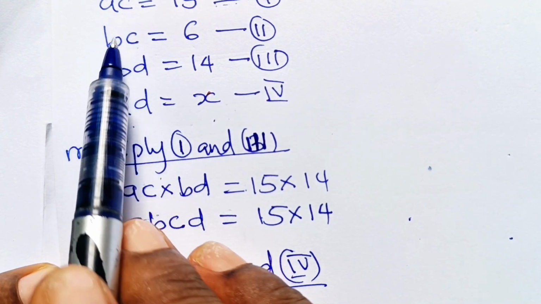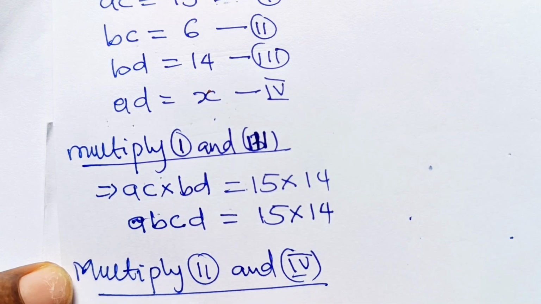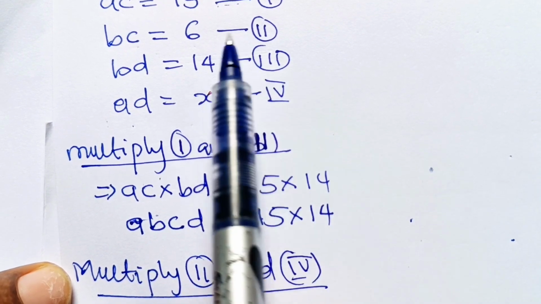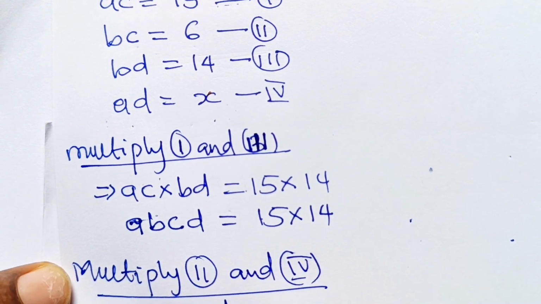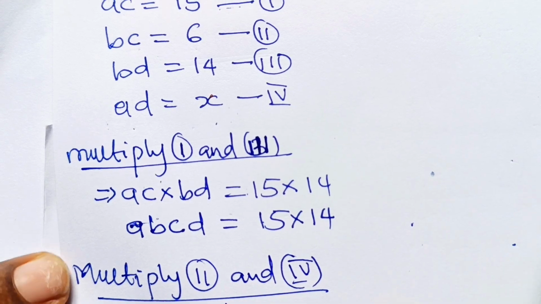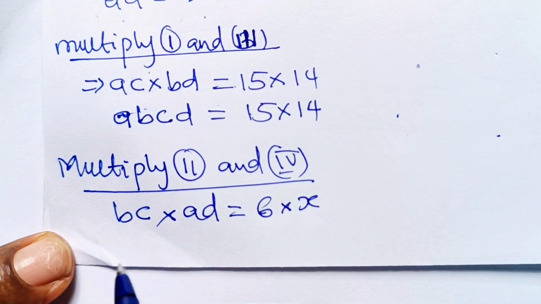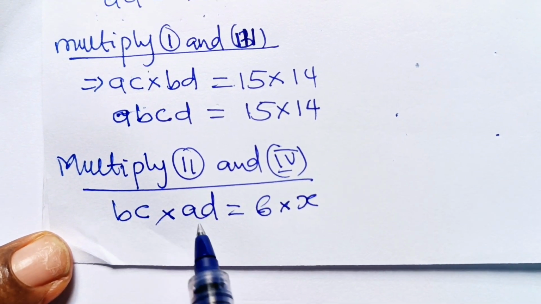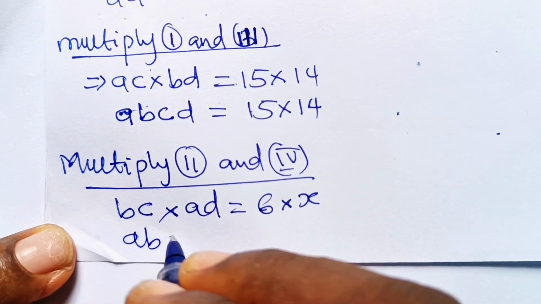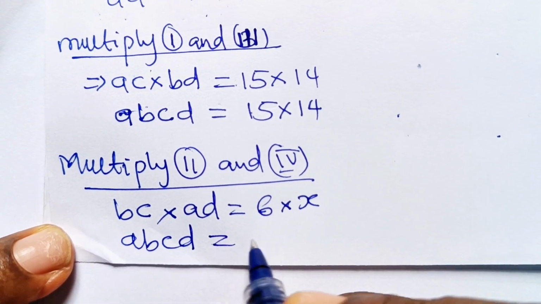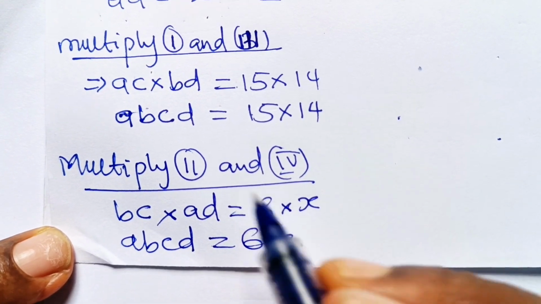So BC multiplied by AD is equal to 6 multiplied by X, okay? Now, BC times AD is also equal to ABCD. So ABCD is equal to 6X, all right?